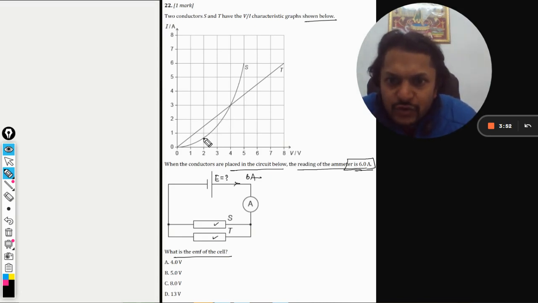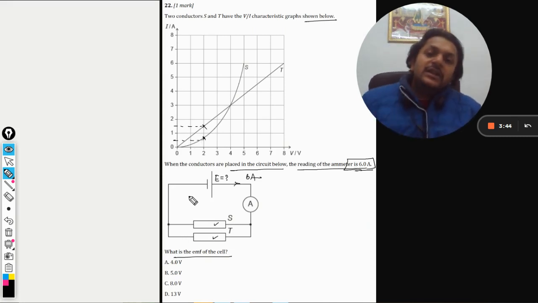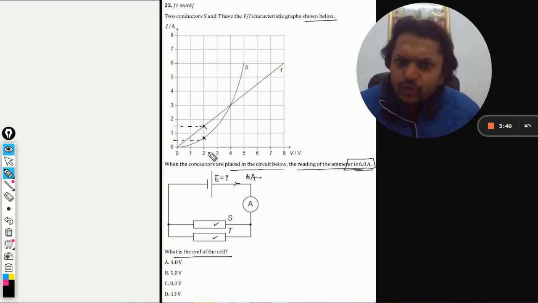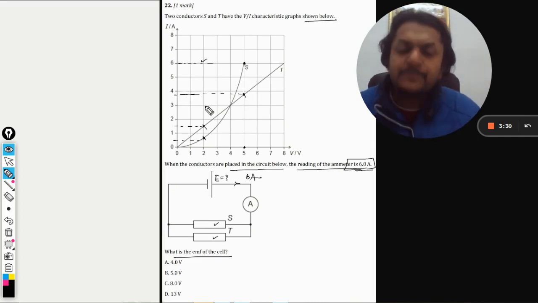For example, if I choose this value, let us say the potential across them is 2 and 2, but the current in both of the cases will be different. The potential should be the same, but it can have any value. It can have 2, it can have 5 for that sake. So let us say this value and this value. One conductor will be having current 6 ampere, another will be having nearly 3.5 or something.